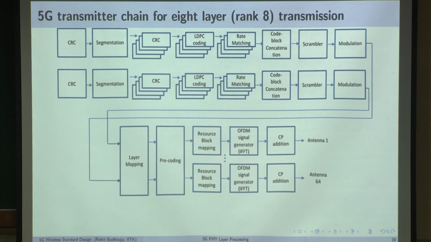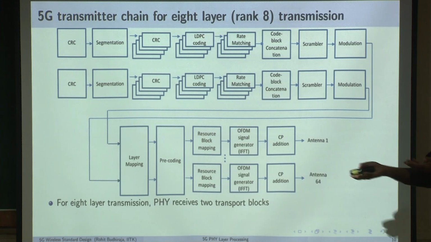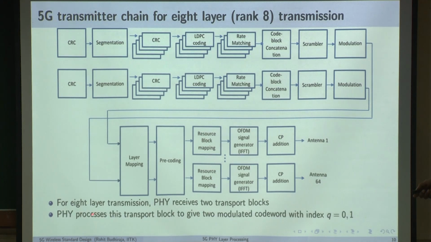So for 8 layer transmission, the physical layer receives 2 transport blocks. That's what I said. If it is greater than 4 layers and up to 8 layers, the PHY processes the transport blocks to give 2 modulated code words with index 0 and 1.